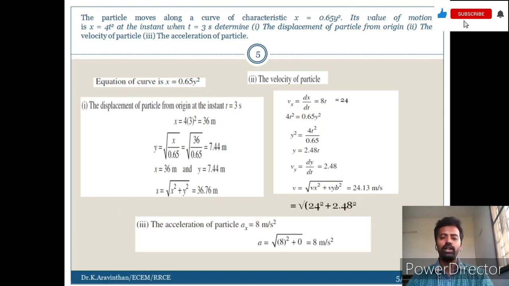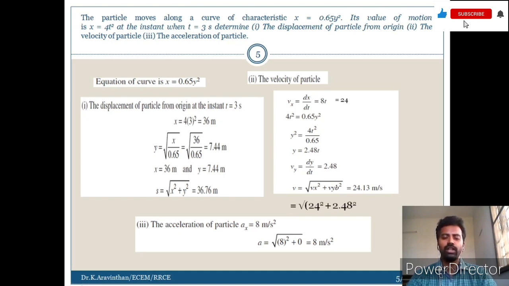So the third component is acceleration. If you want to find acceleration, further you have to differentiate with respect to t. So 8t, if you differentiate, it will be 8 meter per second square. So ax is 8 here.